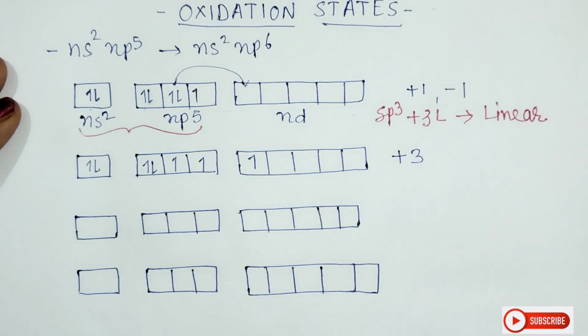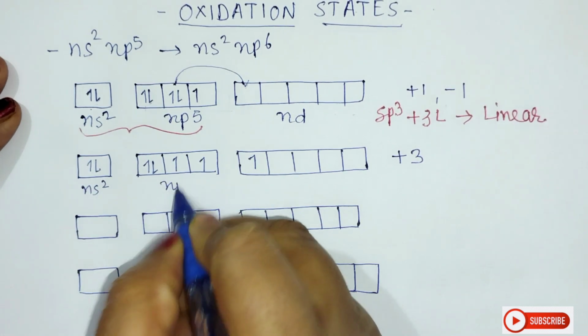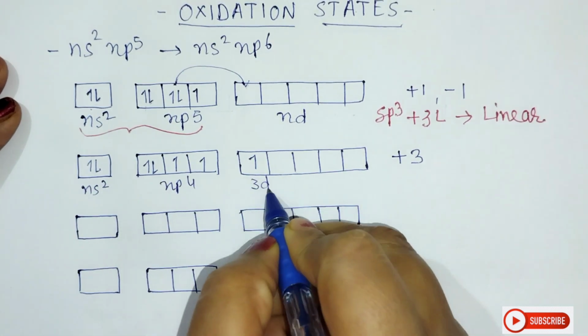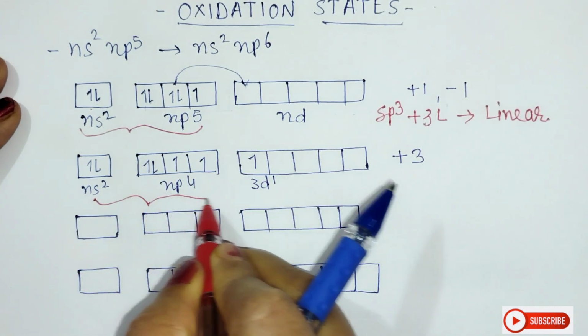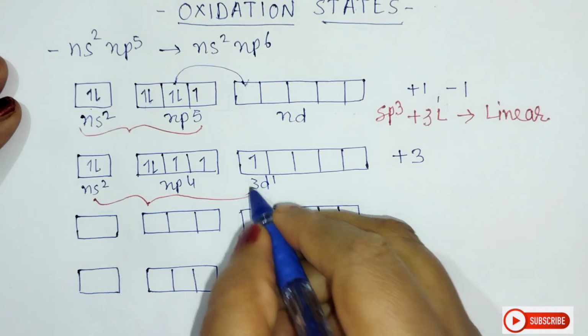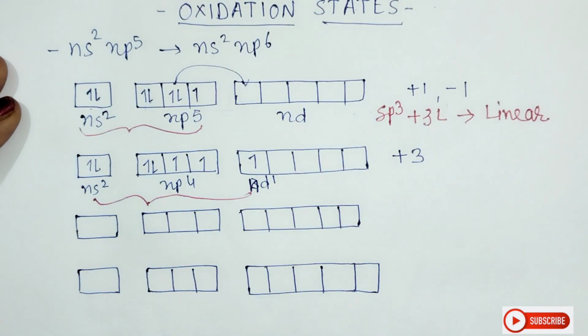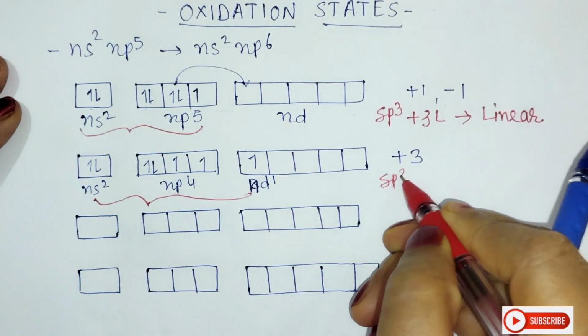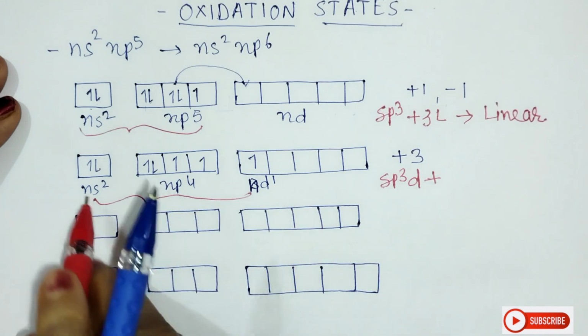If a halogen exhibits +3 oxidation state, then it will undergo sp3d hybridization. So it will undergo sp3d hybridization. How many lone pairs, students? 1, 2.